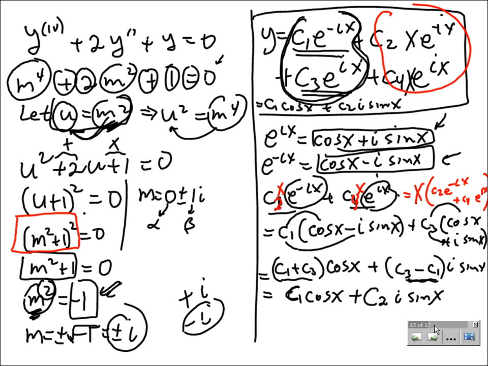Then I play the same game, with the x factored all the way out, and what's in the bracket is e to the ix terms.